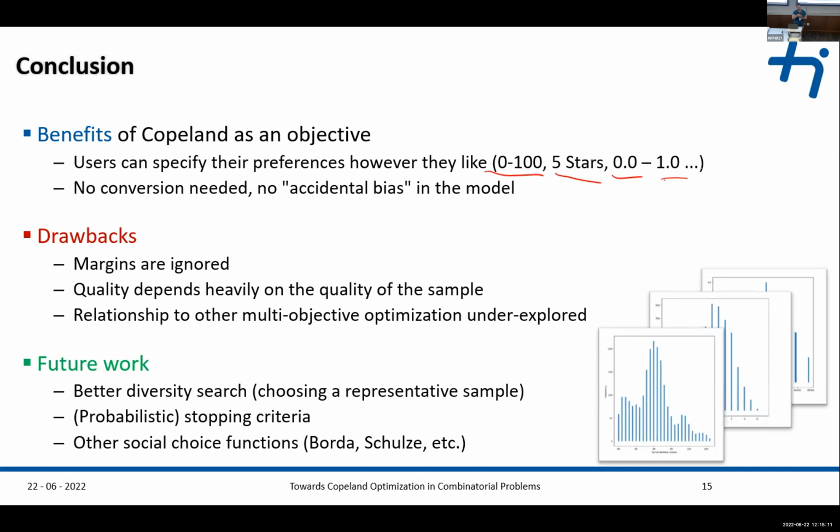Compared to the previous talks, we don't just care about uniform sampling, but we actually care about having the same distribution of objective values in the sample as we would have in the true problem. We would like to use these distributions to devise stopping criteria, and we want to work with other social choice functions, such as order or the Schulze method, or things like that. All right, so thank you.